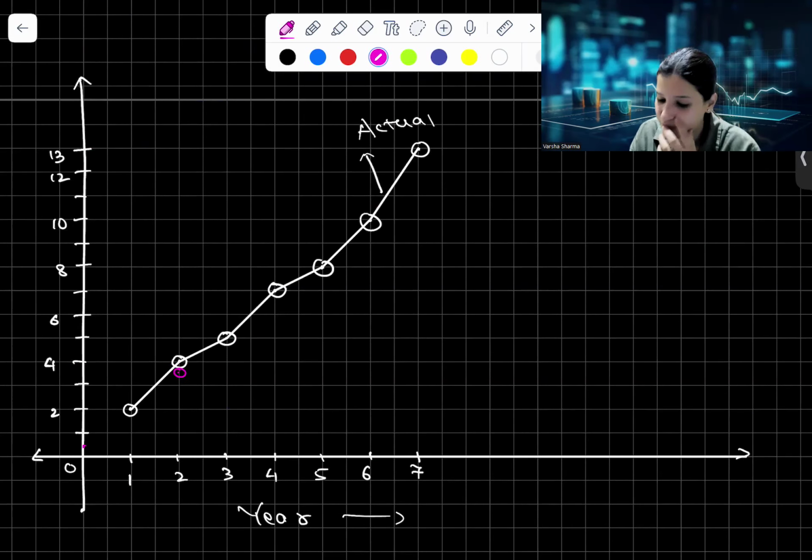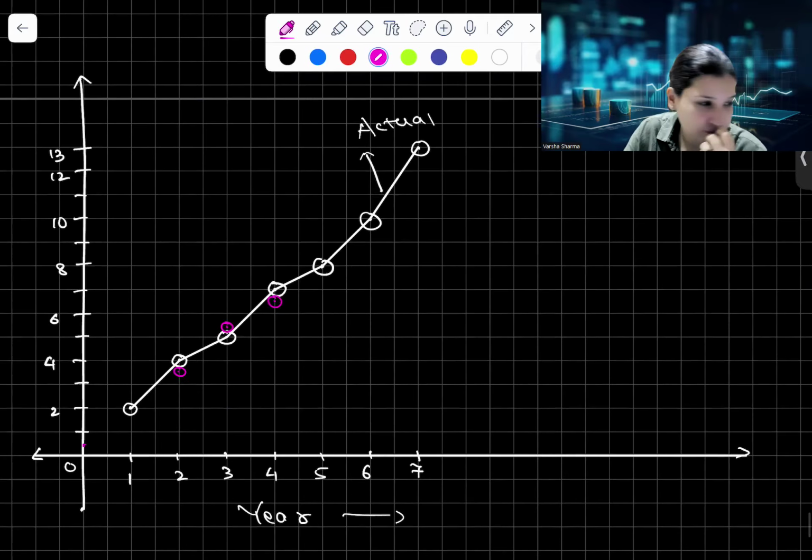Next is 5.3. That one was at 5, so 5.3 will be above. Next is 6.67, so 6.7, which will be below 7. Then 8.33 is more than 8, and 10.33 is more than 10.